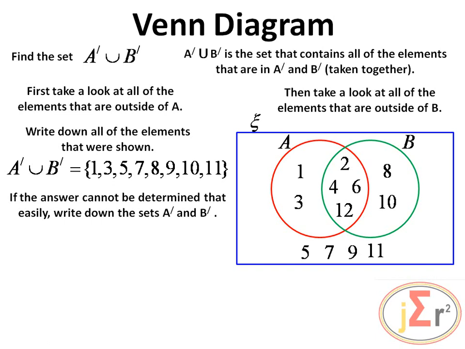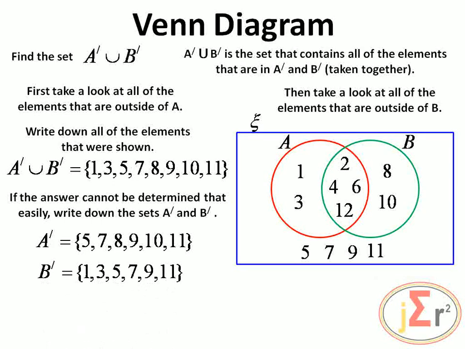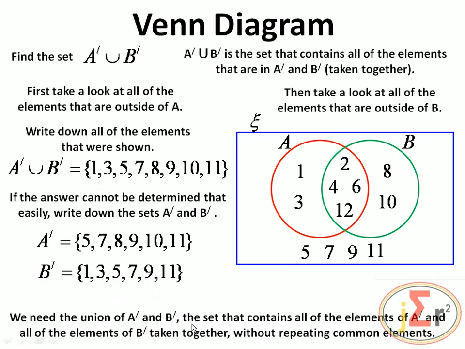the sets A complement and B complement. There we have A complement, there we have B complement. What do we want? We want the union of these two sets, A complement to be united with B complement. So we need the set that contains all of the elements of A complement and all of the elements of B complement taken together, of course without repeating common elements.